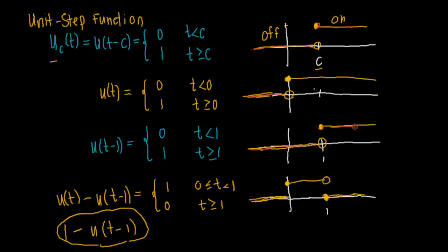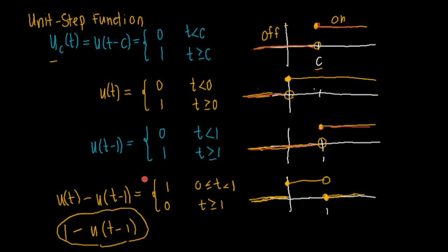So we're going to derive this out from u of t and u of t minus 1, the right hand side function of our differential equation, our problem.